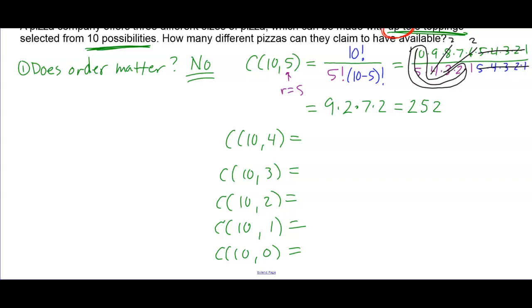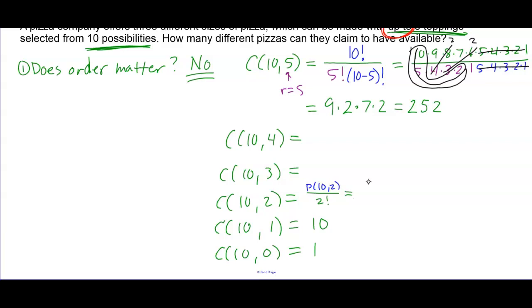Some of these are pretty easy, though. Like, if you just have a cheese pizza, there's one way to do that. If you put no toppings on it, you have one type of pizza you're making. If you're picking one topping out of 10, we don't need any formulas to figure that out. There are 10 ways to do that. Now for C(10, 2), I'm going to do P(10, 2), and I'm going to divide by 2 factorial, the alternate version of our formula for combinations.